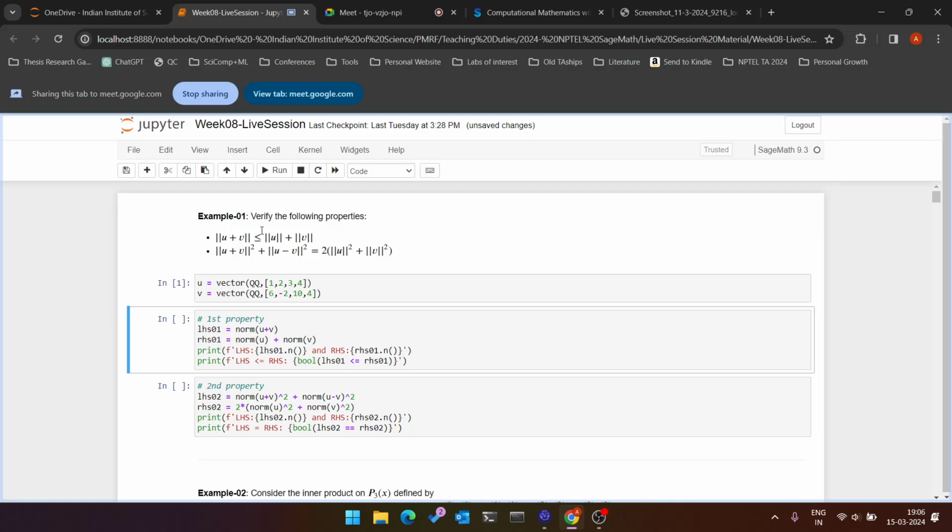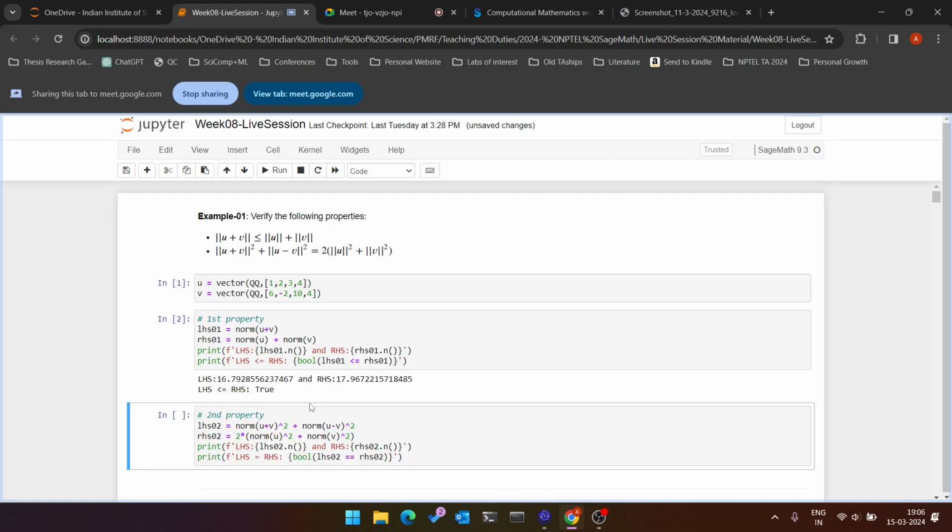For the first property, the left hand side is simply defined as the norm of u plus v, where norm would refer to the L2 norm of u and v, whereas the right hand side refers to the sum of the norms of u and v individually. With this in mind, I'll just print those values and then we'll check if this property is indeed verified for this randomly chosen u and v.